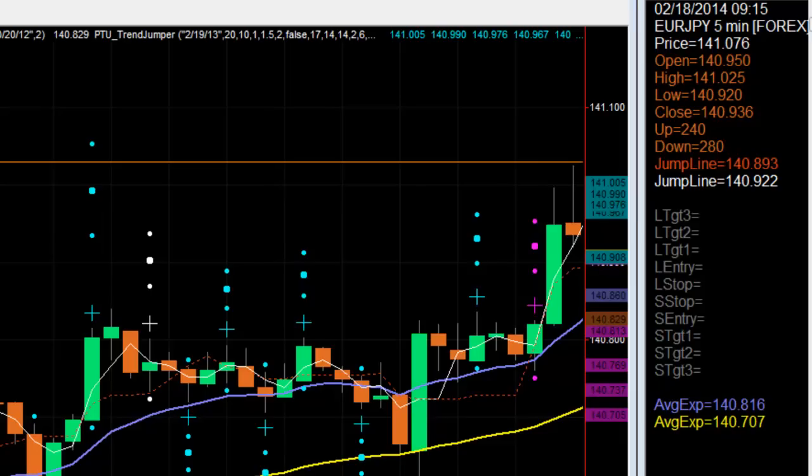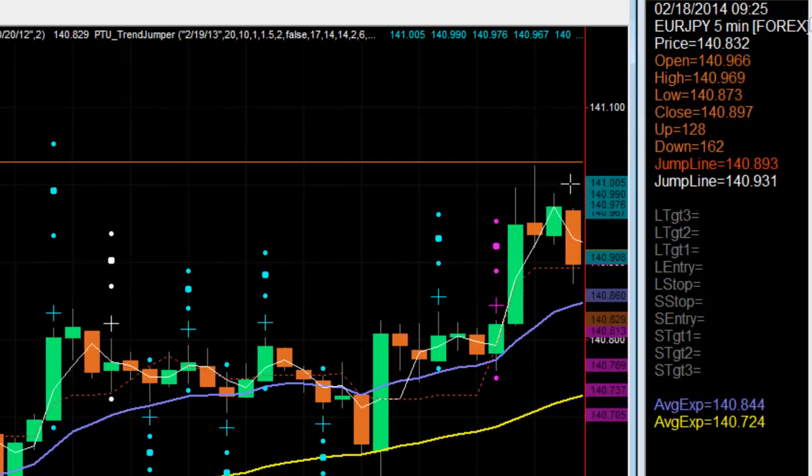And at that point, we're locking in a pip on the remainder of our positions, our 2 other positions, so we're at risk free. So if it comes down hard against us, we get out with a 1 pip gain. If it keeps going higher, well, we make more money on the trade.